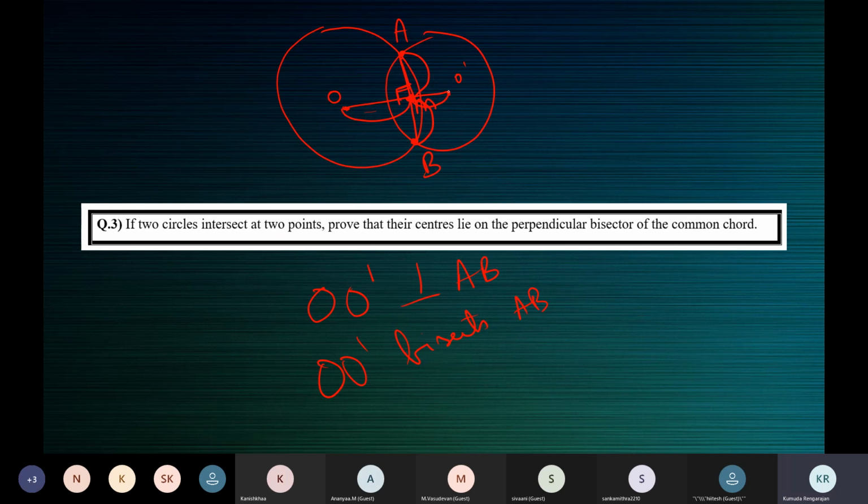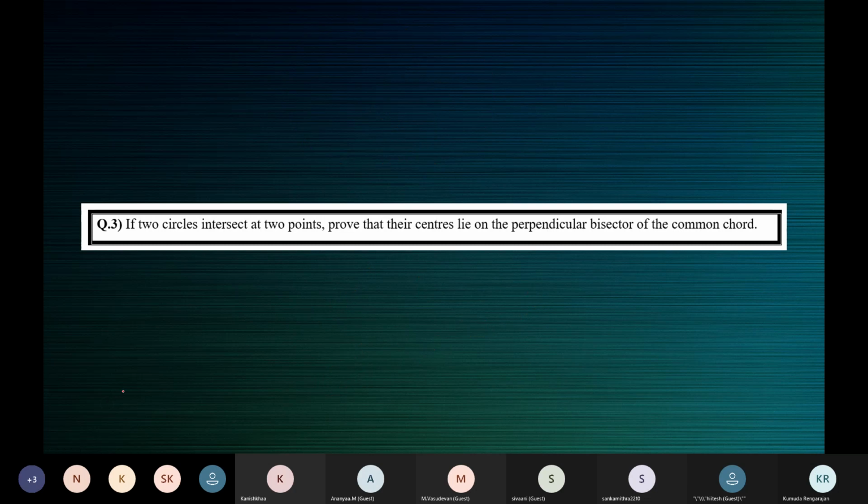It's not OM equal to O dash M. No, the perpendicular bisector is not bisected. The chord is bisected. Please get the difference. OO dash is not bisected. The chord AB is bisected. So we need to prove that OO dash is perpendicular to AB and bisects AB, cutting AB into two equal halves. Is the situation clear, children?